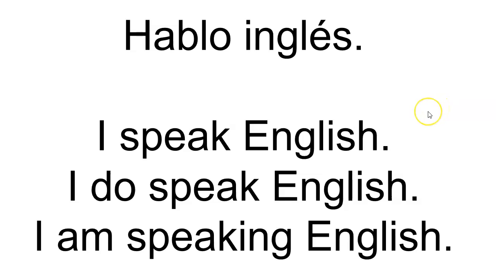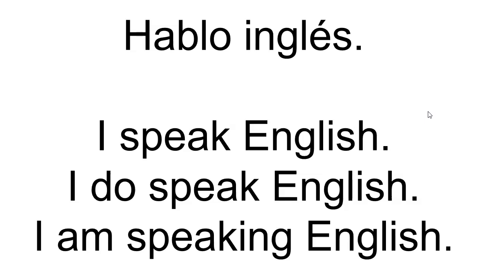So this is important to realize that if you can conjugate a verb in the present tense, an AR verb, you can do it according to many subjects, like yo hablo, I speak, tú hablas, you speak, él habla, he speaks, ella habla, she speaks. But each one of those can also have the other 2 meanings.